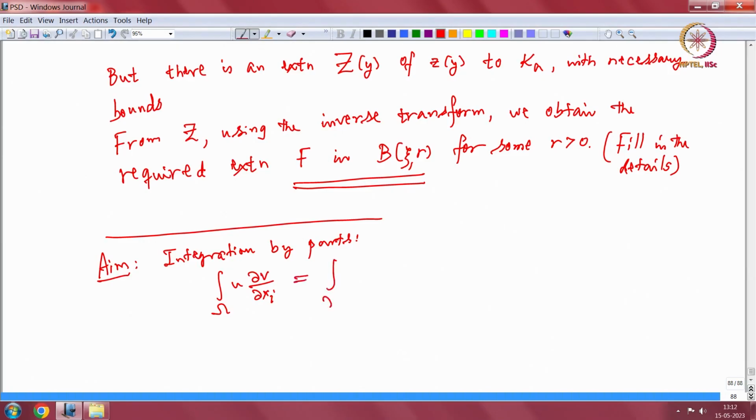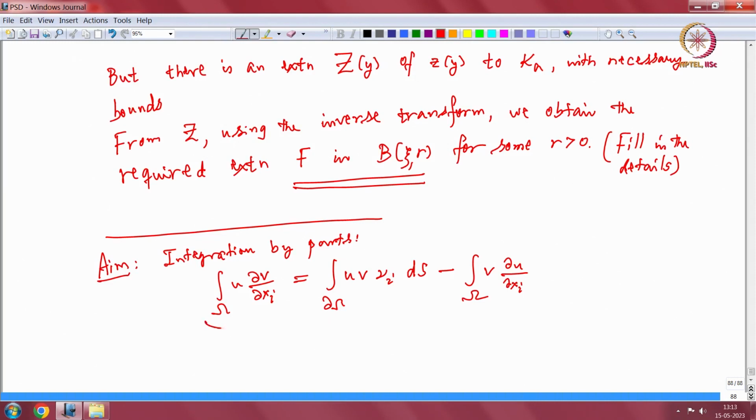So this u v nu i, this is dS, minus v du by dxi. Okay, so this is integration on the surface del omega.